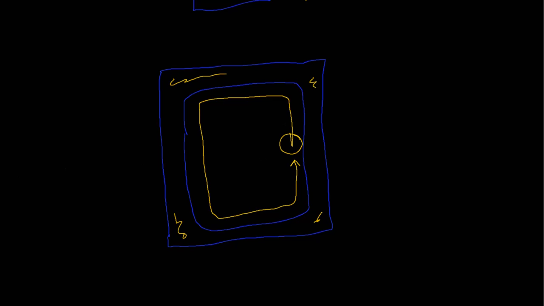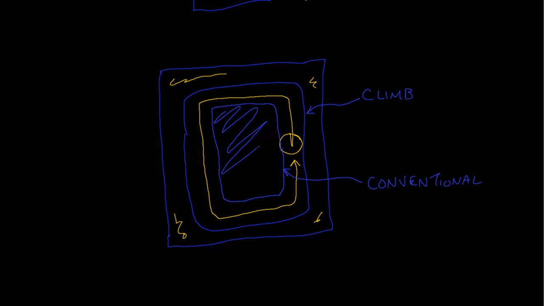You would create another surface here with the tool. And so this side would be climb milled, but this side here would be conventional milled, at least until you milled all of this out as well.